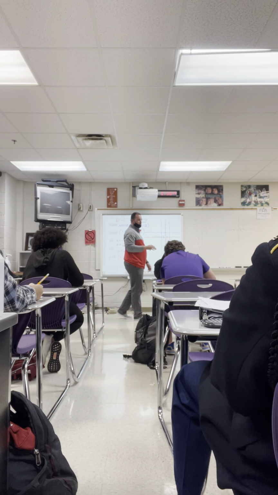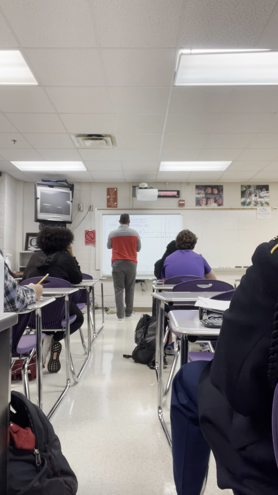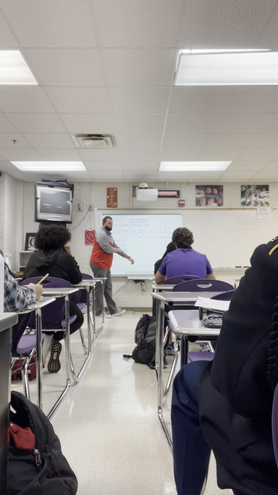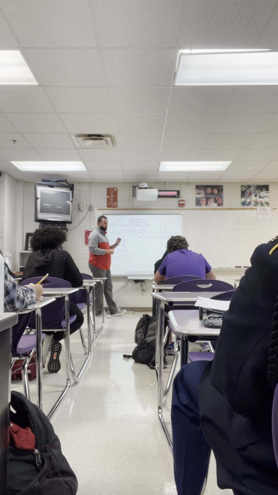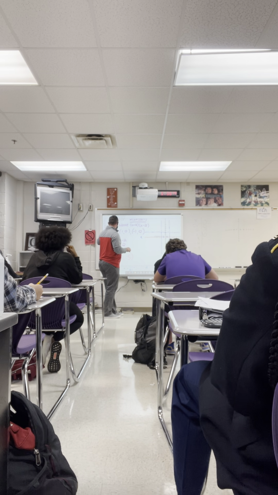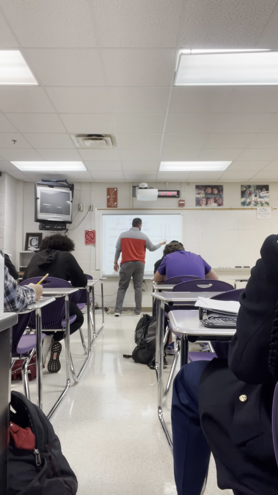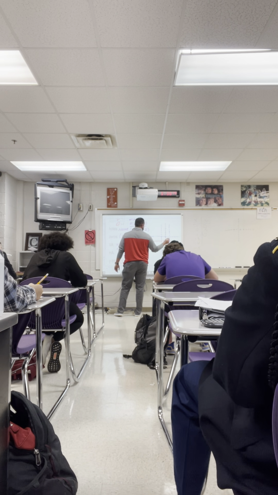Can't be crossed, can't be touched. The graph will get as close to these lines as it possibly can without touching it, theoretically. Alright? So our last characteristic is our y-intercept, 0.5. 0.5, right there.